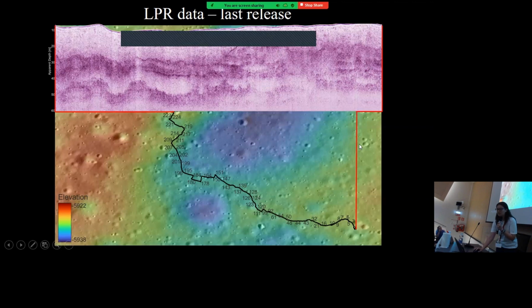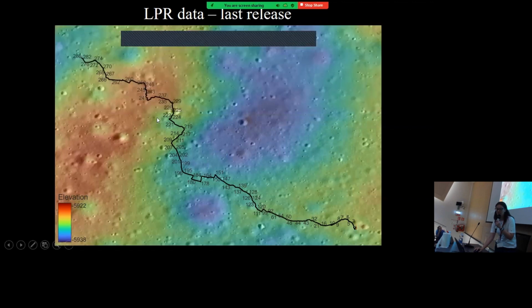So at the time, we supposed that if the rover moved toward another high zone, which the rover is actually doing, we would find another similar setting, with maybe the same unit 2, but almost the same setting inside the LPR data.